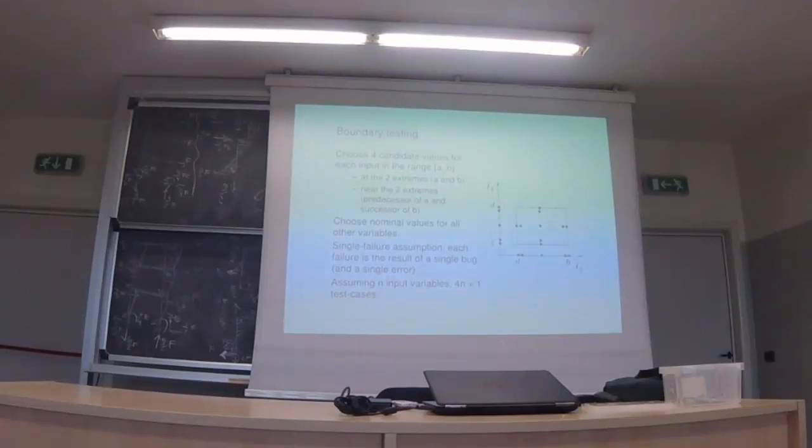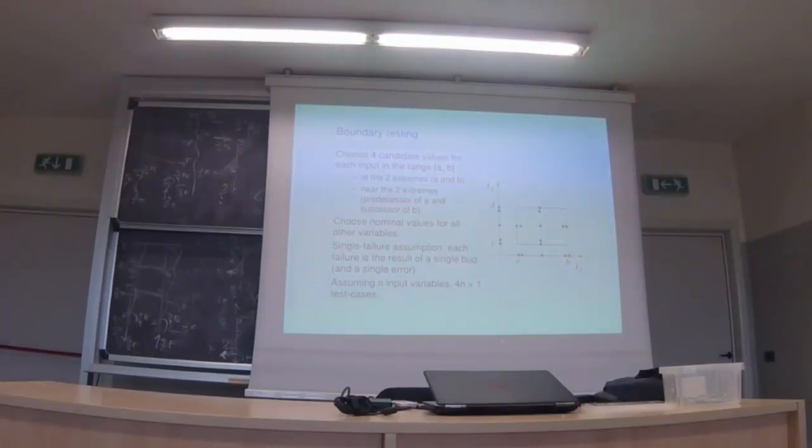So we choose 4 candidate values for each input in the range A, B. We choose the two extremes, A and B, and near the two extremes, the predecessor of A and the successor of B, and we choose nominal values for all other variables. A set of nominal values, a set of fixed values for the other variables.